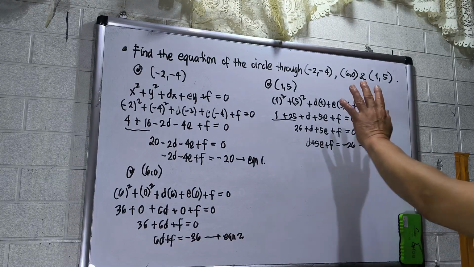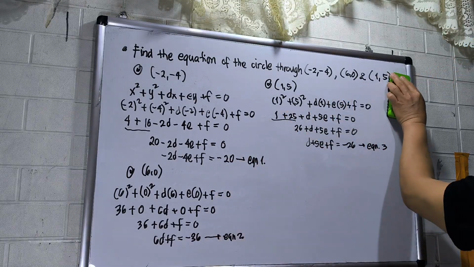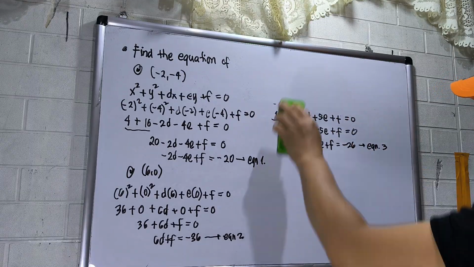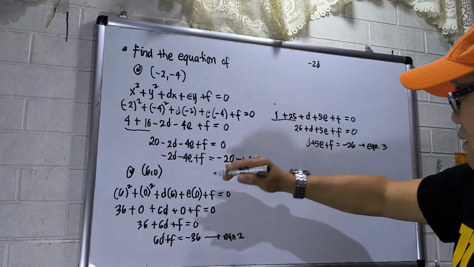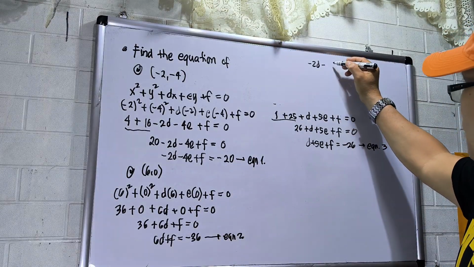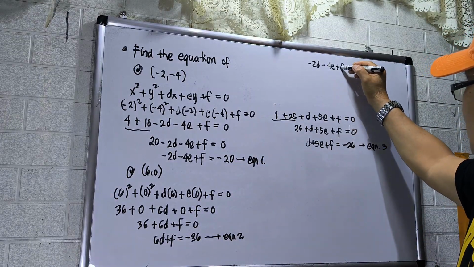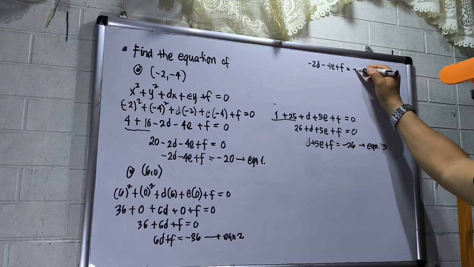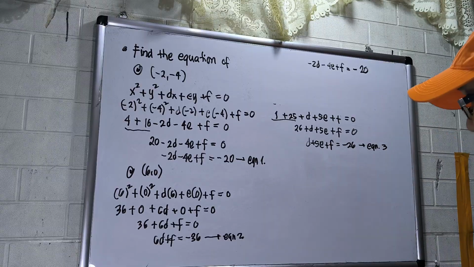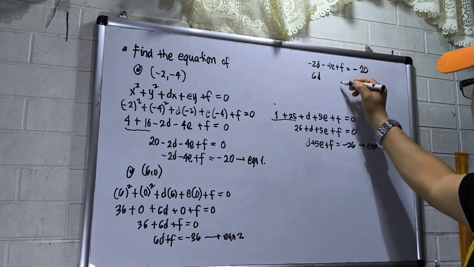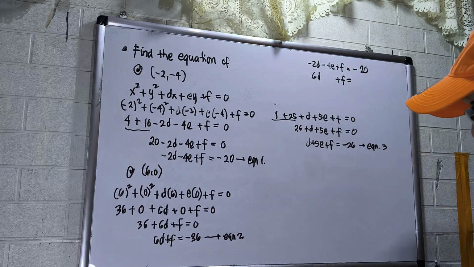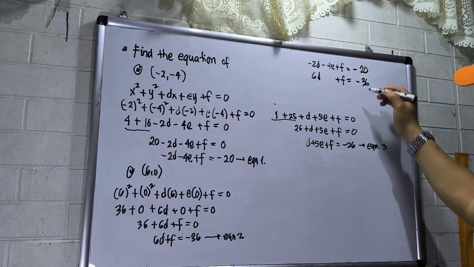By the way, I have to write all the equations at the top. So this will be negative 2d, my first equation, minus 4e plus f is equal to negative 20. Then second equation is 6d plus f is equal to negative 36.